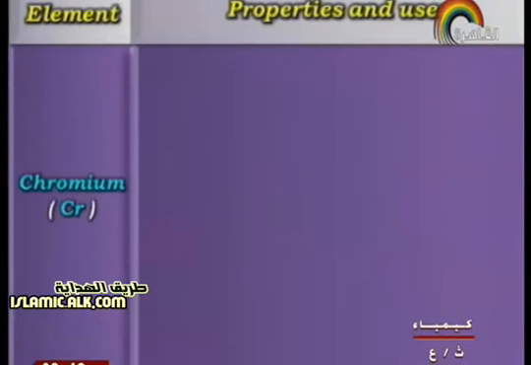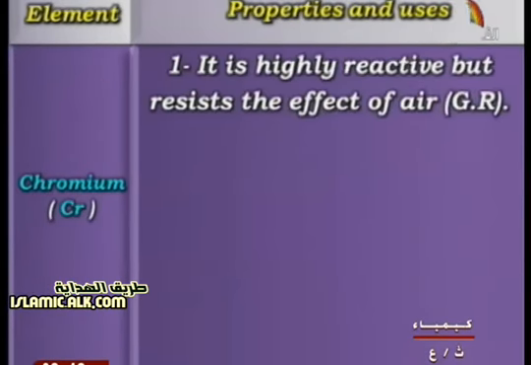The next element we are going to discuss is chromium, which has atomic number 24. This element is highly reactive, but it resists the effect of air.